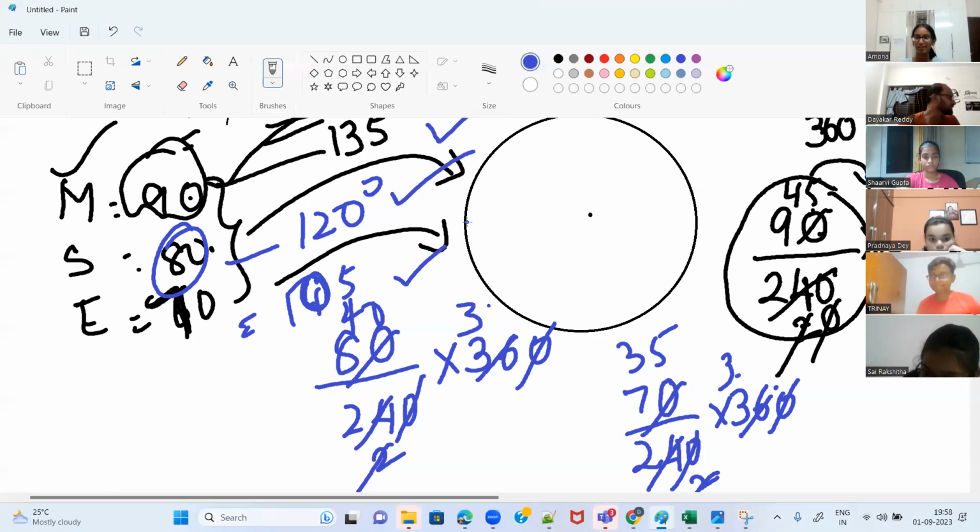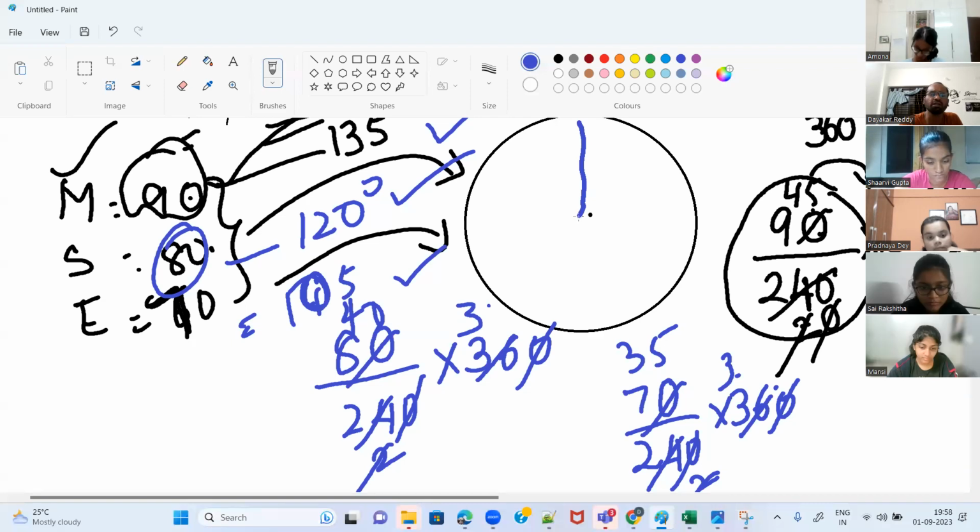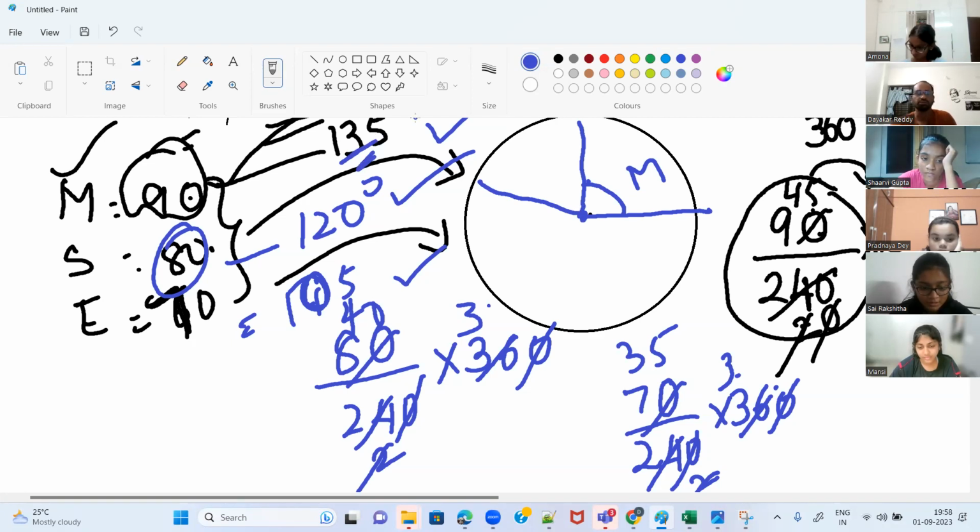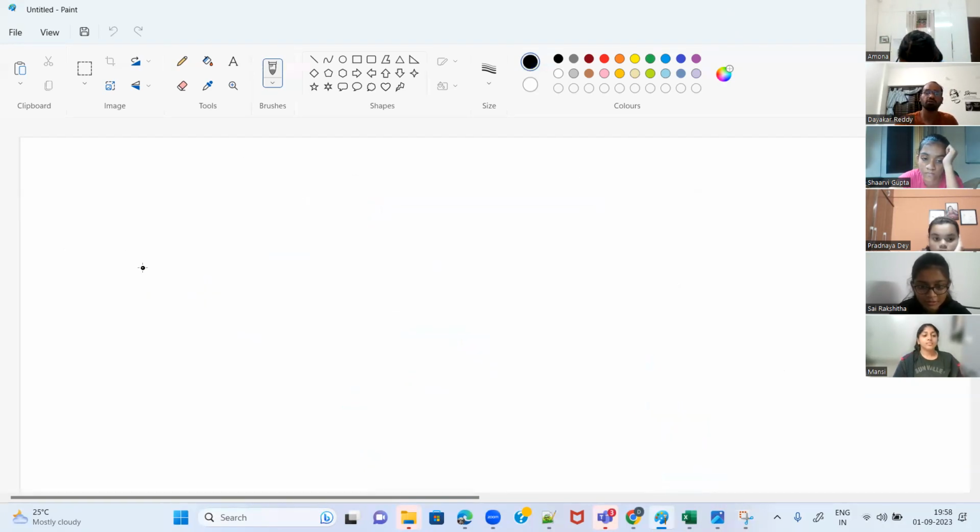Now what to do? You need to draw a circle with a suitable radius and take a protractor and measure the angle. Sorry, 135. I took marks.